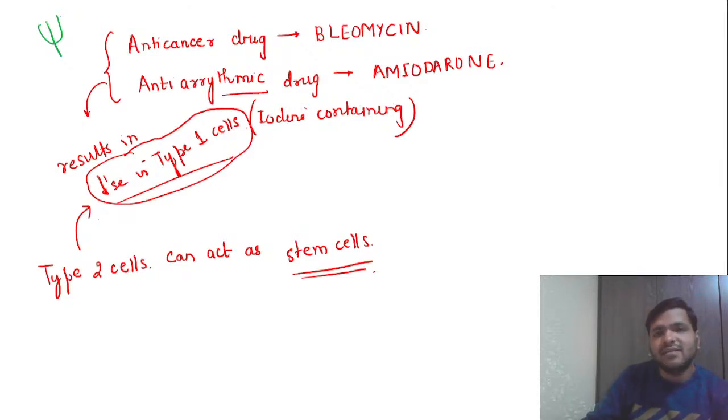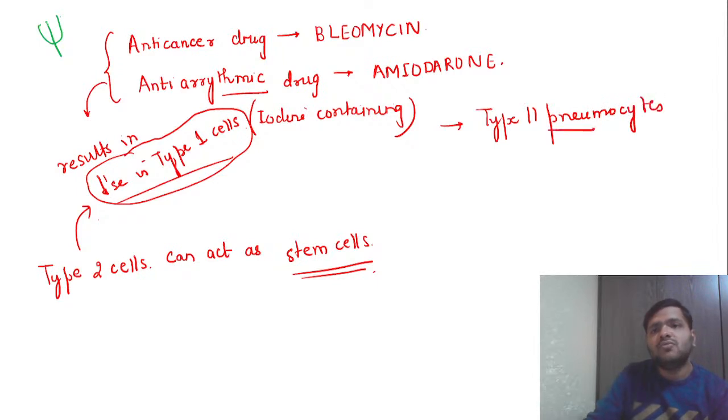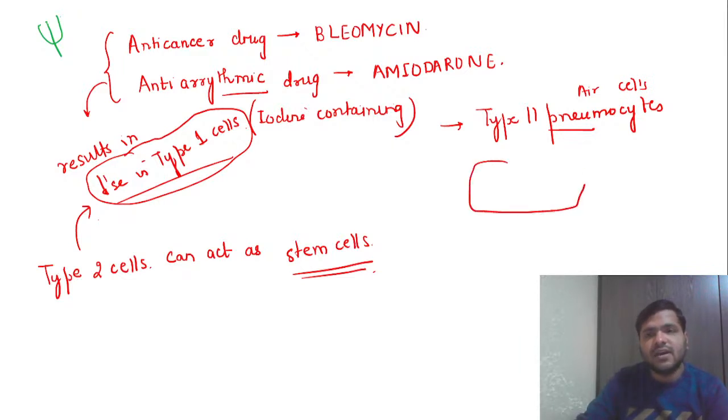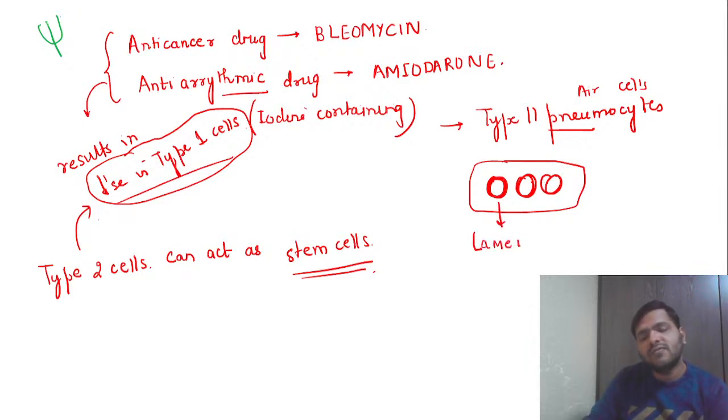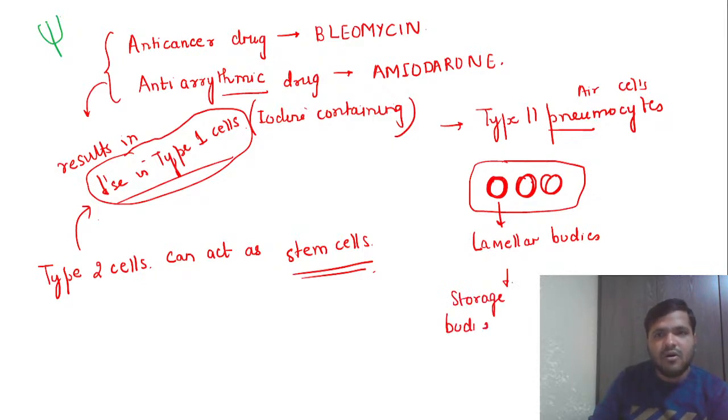Now, when I say type 2 pneumocytes, pneumo means air, so basically these are the type 2 air cells. These cells contain something called lamellar bodies, which are the storage bodies of surfactant.